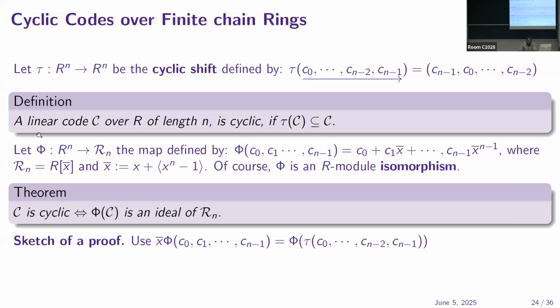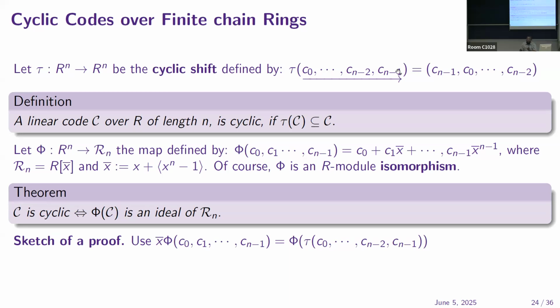The linear code C over R of length n is a cyclic code if the cyclic shifts of C are contained in C. The cyclic shift is defined by this equality.